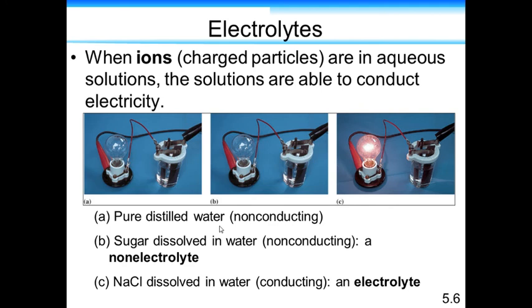And those ions in the water are what help it to conduct electricity. It's not the water itself, it's any ions dissolved in the water. Any ionic compound that dissolves in water will conduct electricity and is an electrolyte.